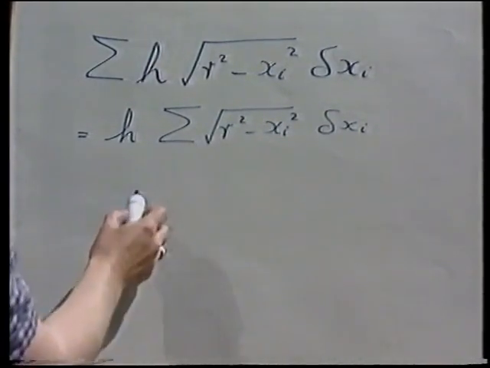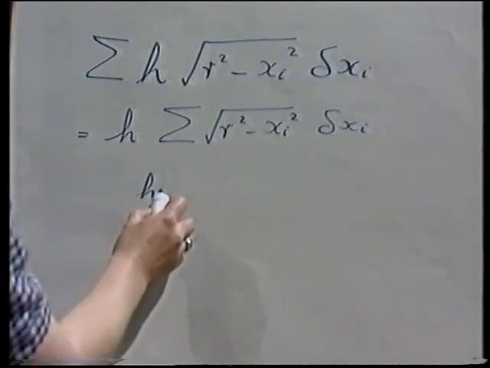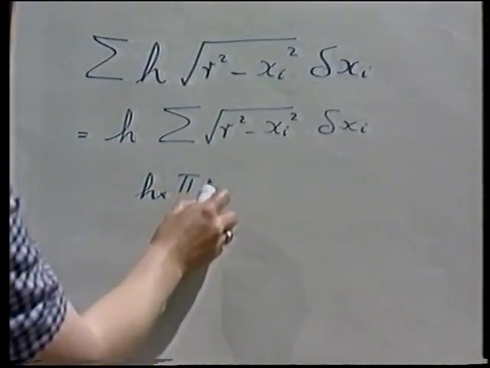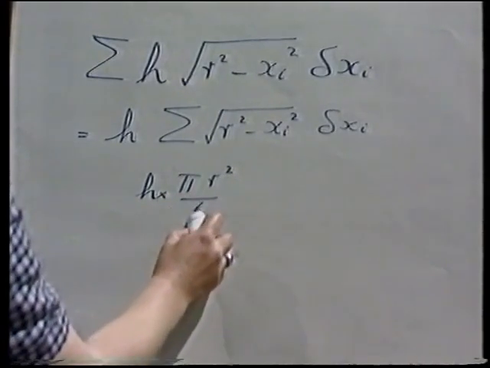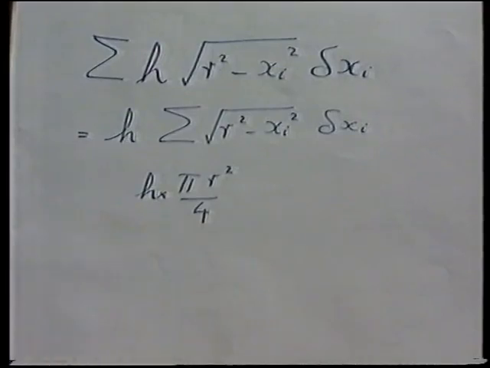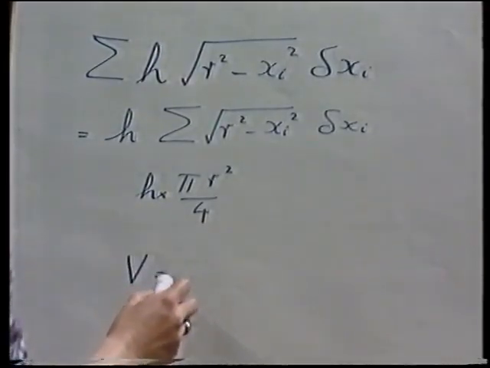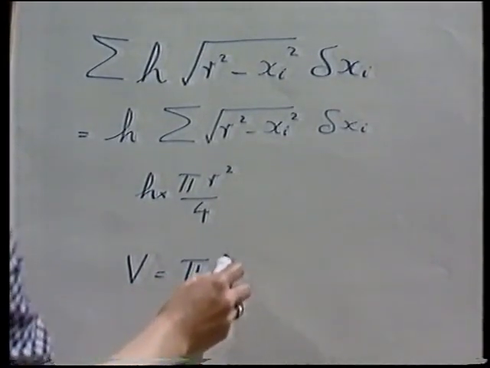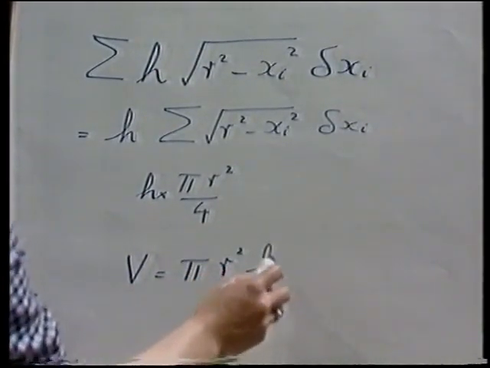And that's h multiplied by pi r squared over 4, so the volume of a whole cylinder V is pi r squared h.